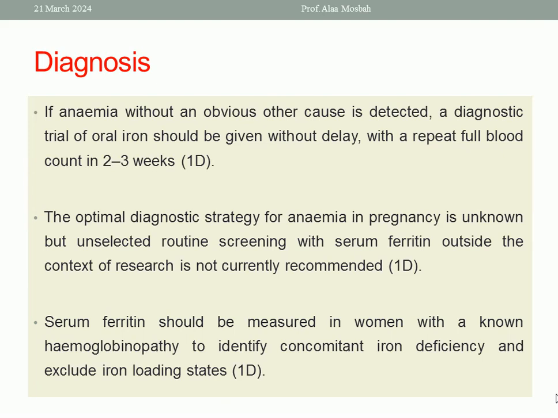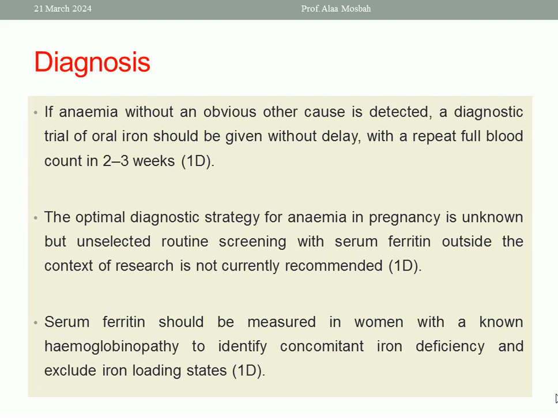The optimal diagnostic strategy for anemia in pregnancy is unknown, but unselected routine screening with serum ferritin outside the context of research is not currently recommended. So, serum ferritin is not a routine screening test. Please remember this. There are certain indications to do it, as I said before.